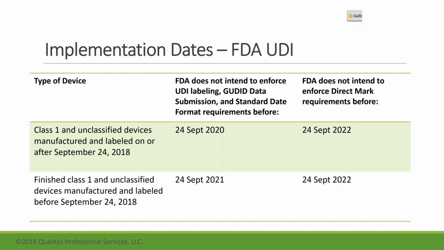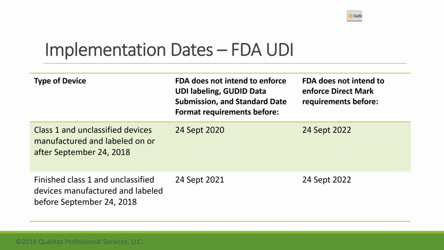Now, an extension letter was recently issued on August 9th, 2018, and it was specific to compliance for UDI submissions of device constituents of co-packaged combination products, those products that are assigned to CDER for pre-market review.